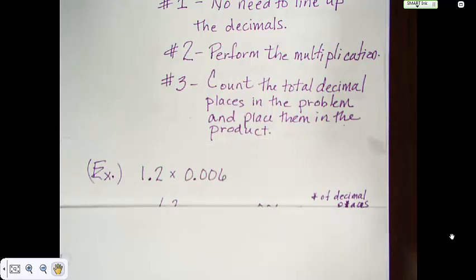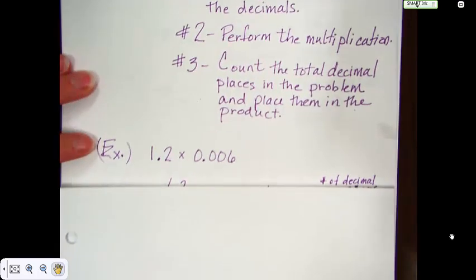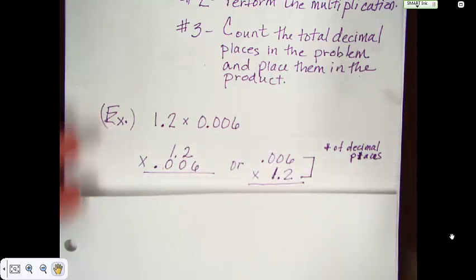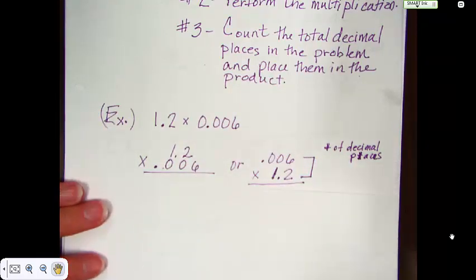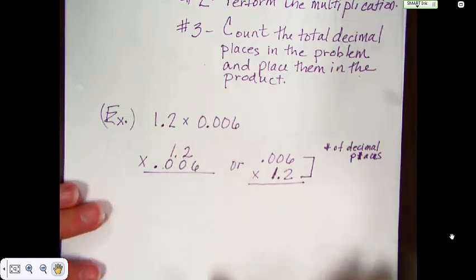Well, here's an example. We've got 1.2 times 0.006. Now, we need to figure out how we're going to multiply that. You can set it up either way. This appears to be kind of awkward to me. I like this one better. I just like the way it looks.